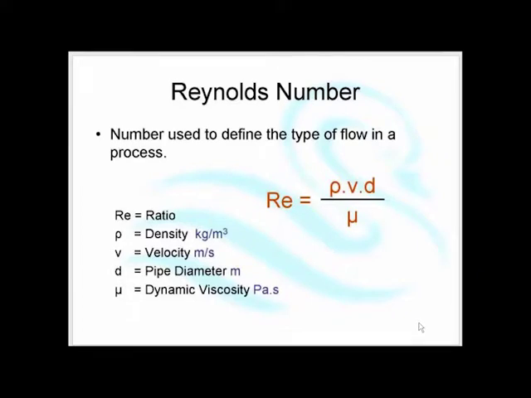Reynolds' number relates to things like the density, rho, the velocity, the diameter of the pipe, and something called the dynamic viscosity of the fluid. Now, generally speaking here, we're talking about probably liquids.